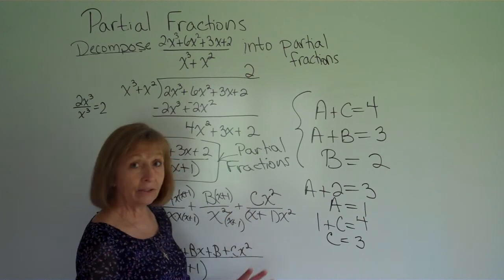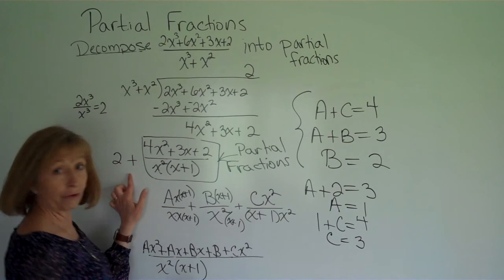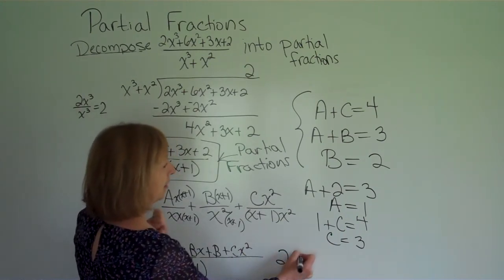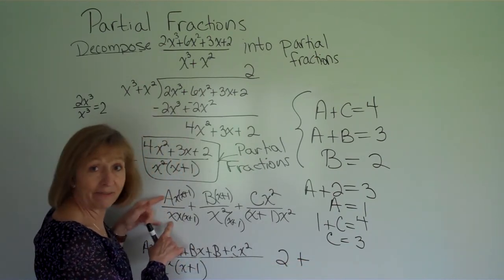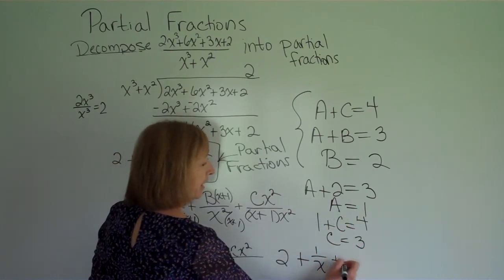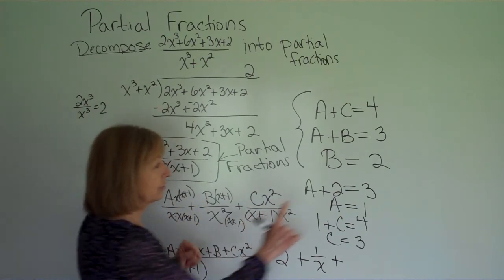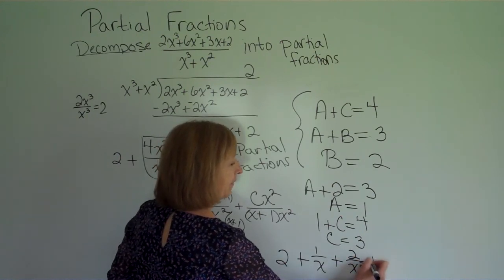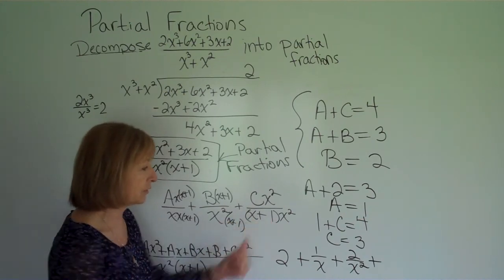And so my final work with decomposing that into partial fractions, don't forget your quotient of 2, is 2, then plus, remember how you set it up, A was over just the factor x, so I have 1 over x, plus B was over just the factor x squared, so I have 2 over x squared, and then plus 3 was the placeholder over the factor x plus 1.